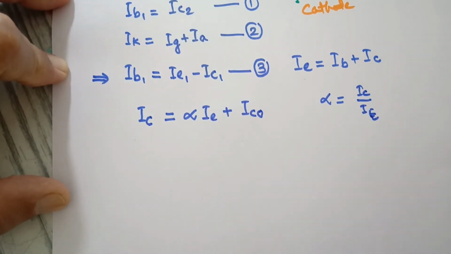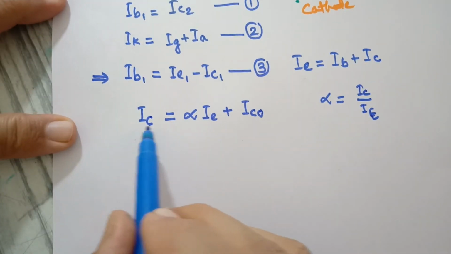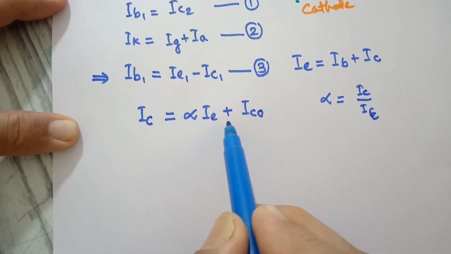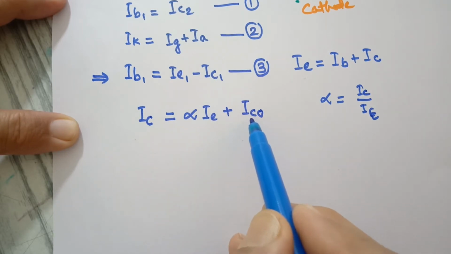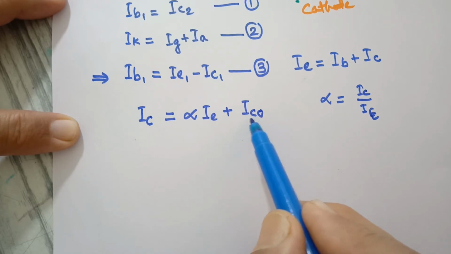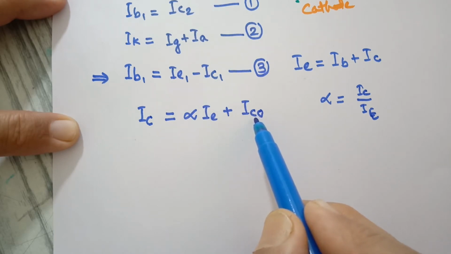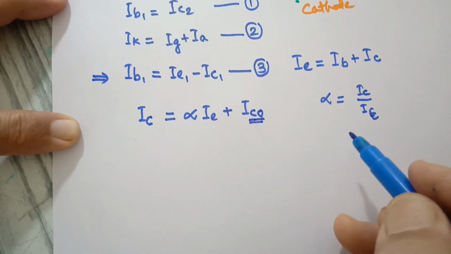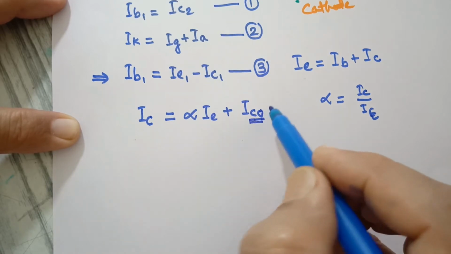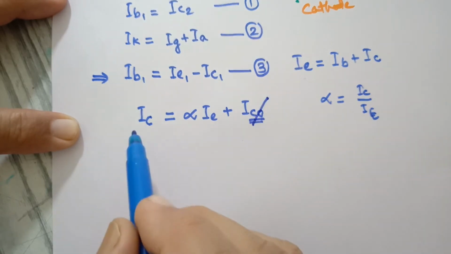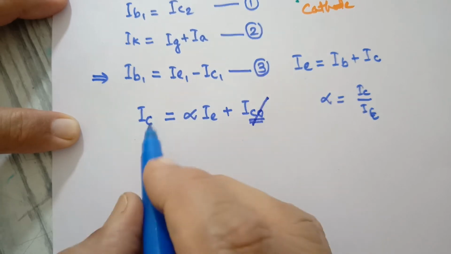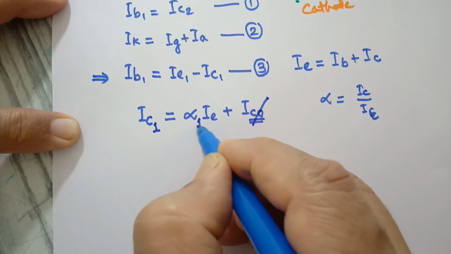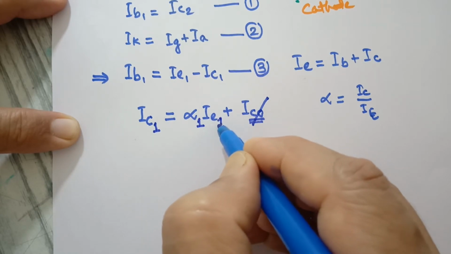The collector current is expressed as alpha times emitter current plus ICO, where ICO is the reverse leakage current of the reverse-biased collector junction, and this is very small, negligibly small, and therefore we are going to ignore it. And therefore, for transistor 1, I can write IC1 equal to alpha 1 into I1.